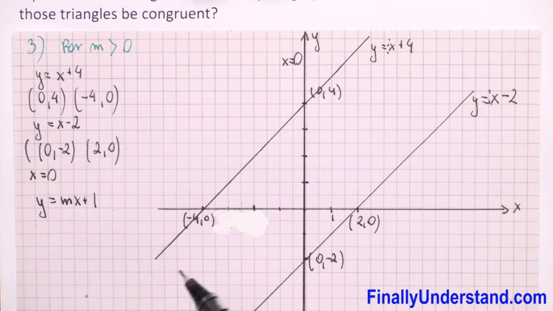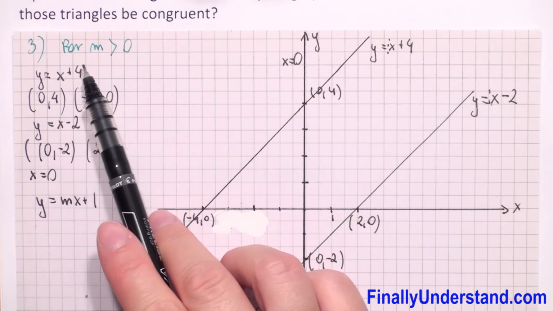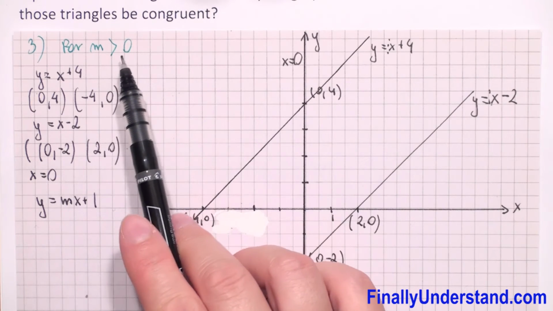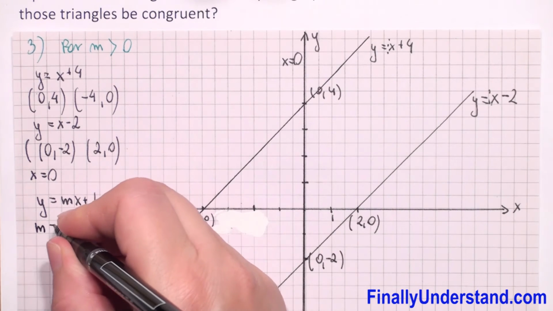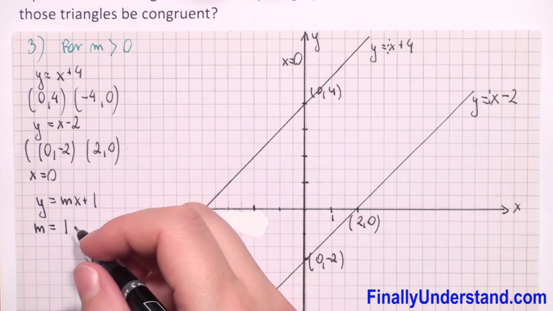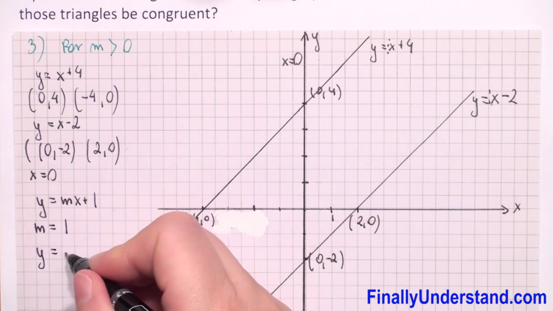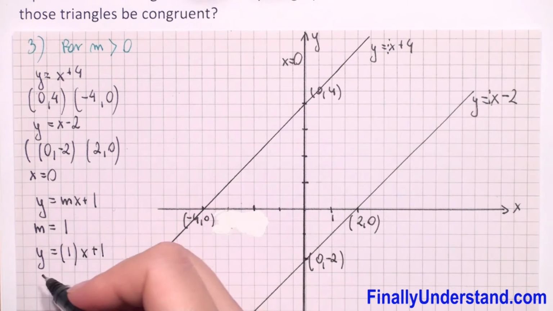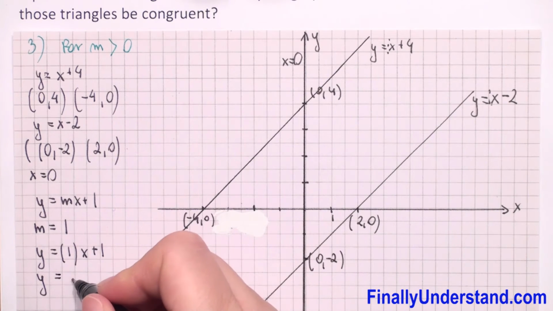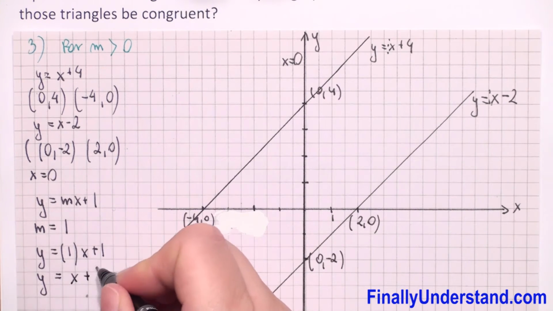We consider what will be when m is less than 0 and when m is equal 0. Now we have to check what will be when m is a positive number. So first, if m is equal 1, we will have that y is equal 1 times x plus 1. So y is equal x plus 1.